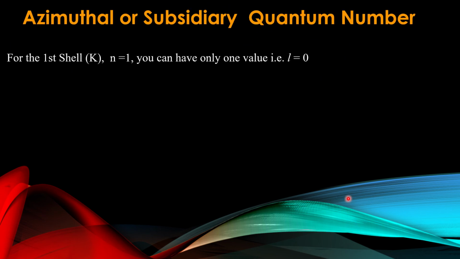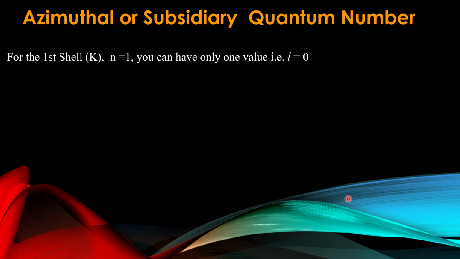Now look, for the first shell, the K shell, what is the value of n? This is the first shell, so the principal quantum number n equals 1. So you can have only one value, that means l equals only 0, because we know that the value of l depends on n, and the value of l ranges from 0 to n minus 1.